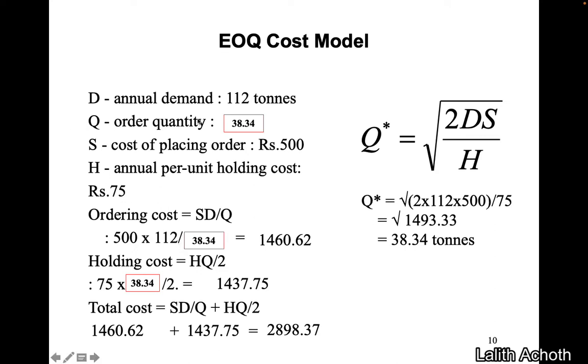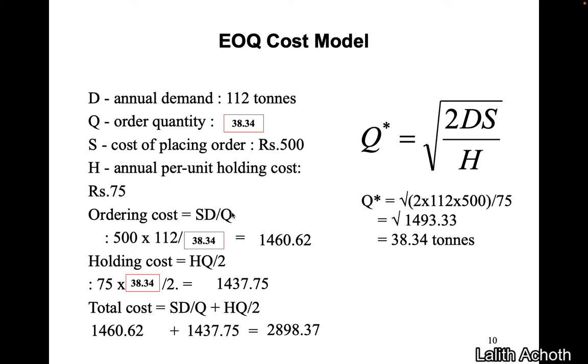Now any other quantity, let me take 50. Supposing I take this as 50. Any value other than this will not be the most appropriate one. You could just calculate it yourself. Now let's say that I arbitrarily decide that 50 is my economic order quantity.